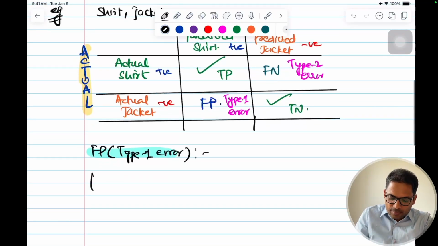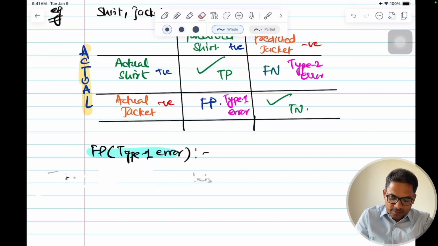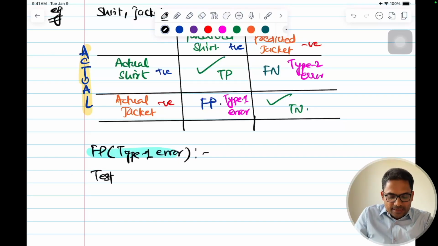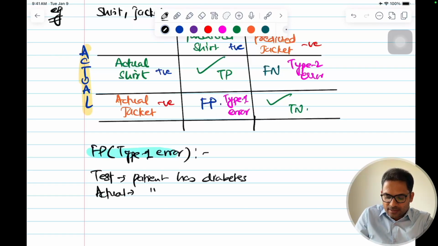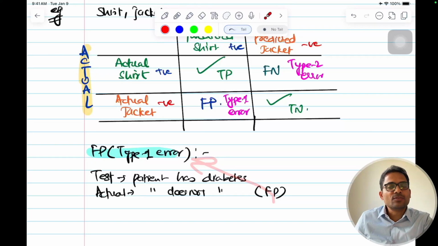In a medical test, the test says that the patient has diabetes, so this is like a model, but actually the patient does not have diabetes. So this is your false positive or a type 1 error. The test falsely told that you have diabetes.